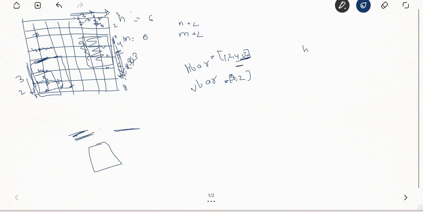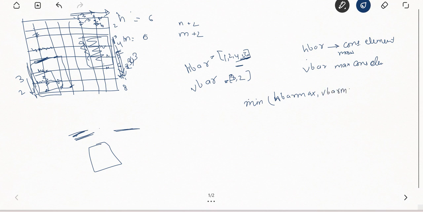So what we have to do is find the max consecutive elements in hBars, and in the same way the max consecutive elements in vBars. Then we take the minimum of hBars max consecutive elements and vBars max consecutive elements, plus 1 for the width.